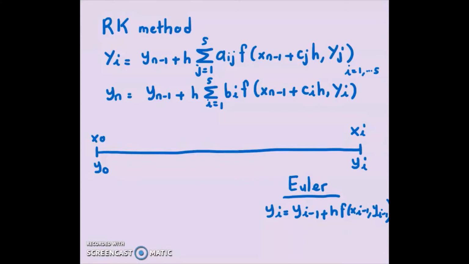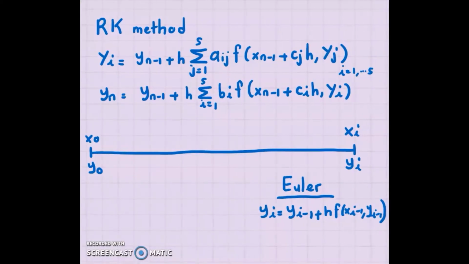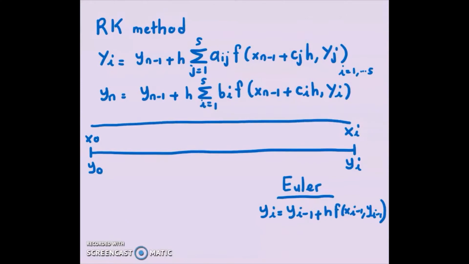So this is the Euler Method. It uses the step size h for one step. If you have more than one step, then you can divide it into n intervals and add h along.